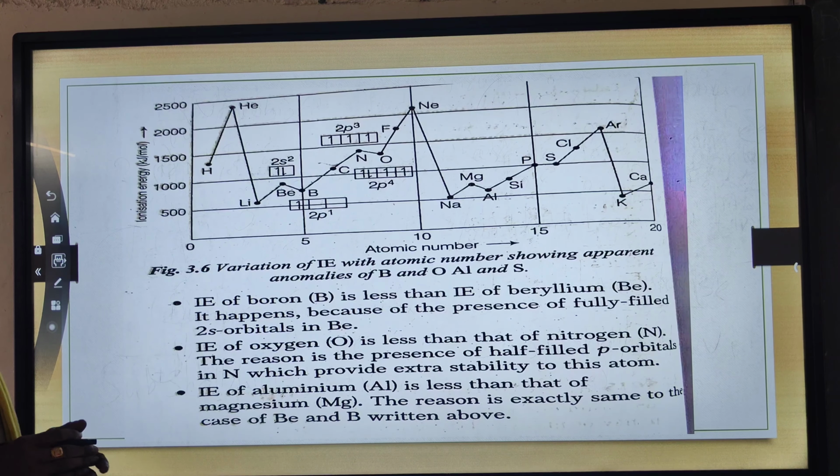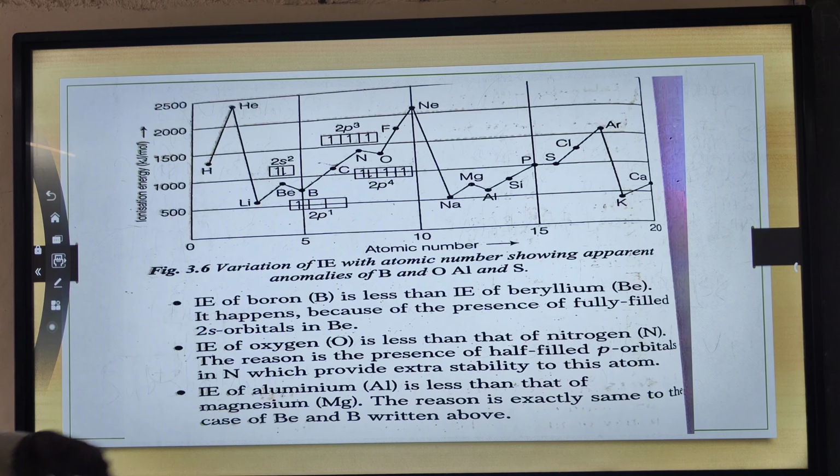Beryllium has atomic number 4, therefore its electronic configuration is 1s2, 2s2. 2s2 is the valence electronic configuration, a full-filled orbital. But in boron, 1s2, 2s2, 2p1, there is no full-filled orbital, it is incompletely filled. That's why beryllium has higher ionization energy.